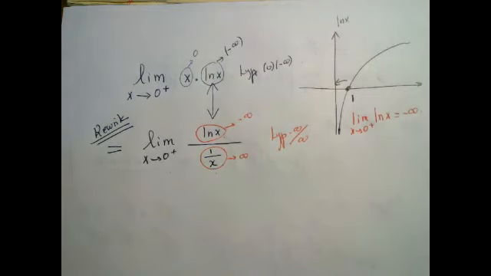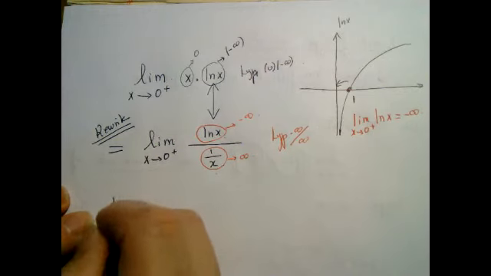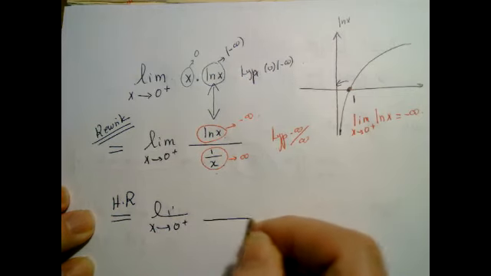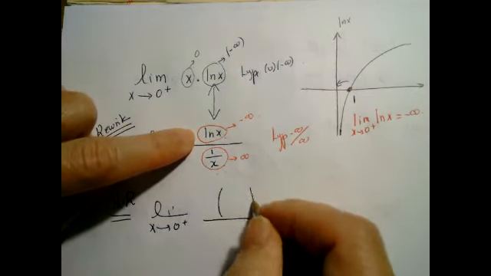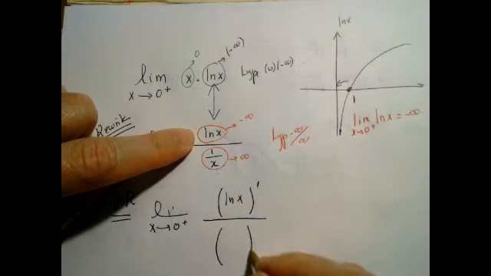And the answer is absolutely no. Now, L'Hopital's rule is applicable, absolutely applicable. And let us see how we're using it. It's the derivative of the numerator over the derivative of the denominator.